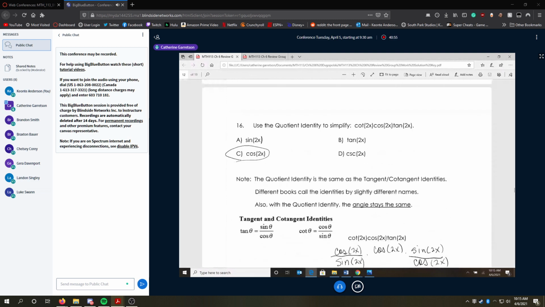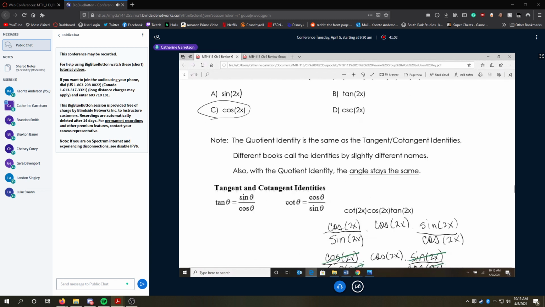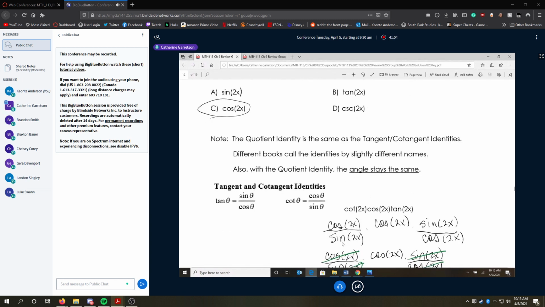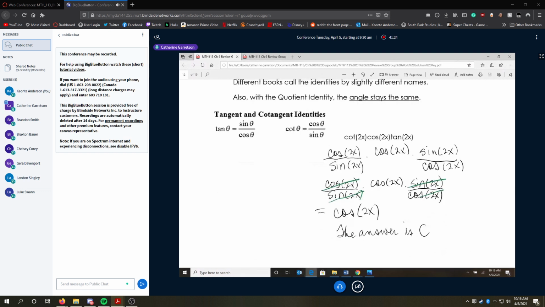And these quotient identities do not change the angle. They stay the same. So this will be the cosine over the sine with the same angle 2x. The cosine just stays cosine, and the tangent becomes sine over cosine. Now, the tangent and the cotangent cancel each other out to 1, and you're left with just the cosine of 2x. So the answer was just the cosine of 2x.